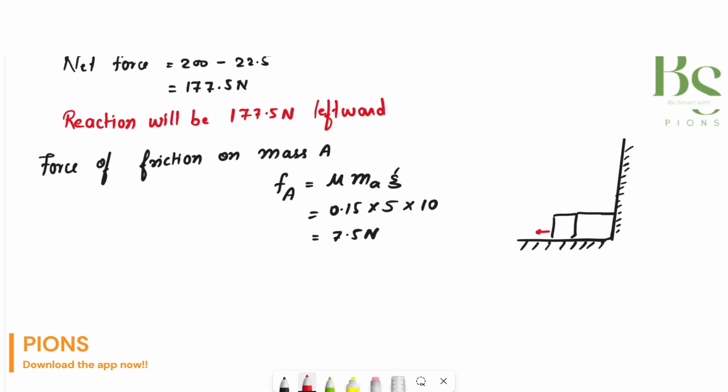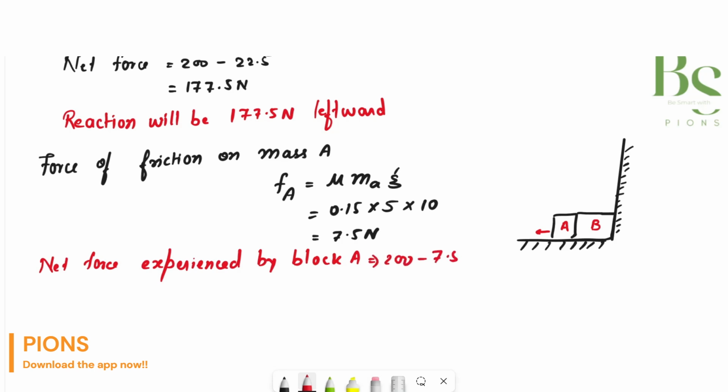This is the force of friction experienced by block A. This is block B. Let's see what is the net force experienced by block A. It will be 200 minus the friction experienced by block A, 7.5, which is 192.5 Newton. That is the force experienced by block A.